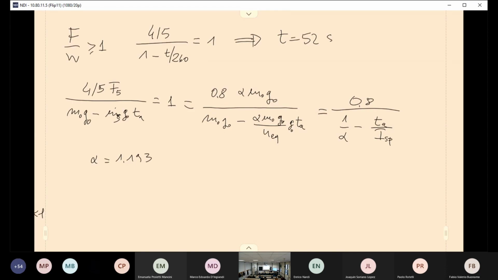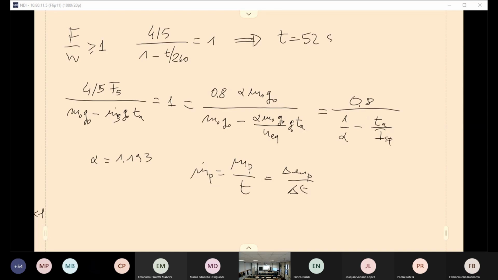This is simply dot MP, which is propellant mass over delta T, which is constant, and so we just use this relation. Is it clear for everybody? Okay.